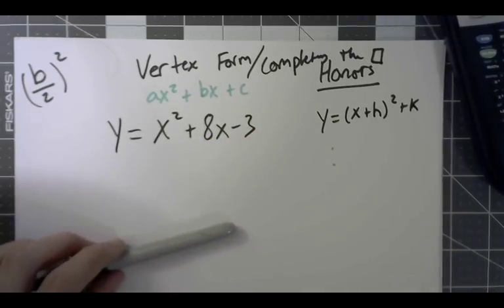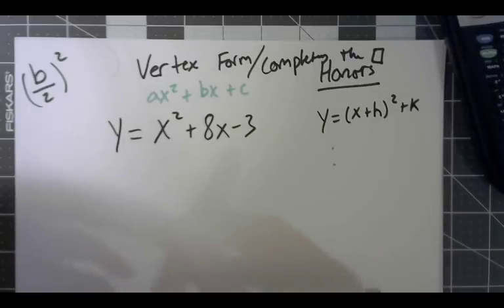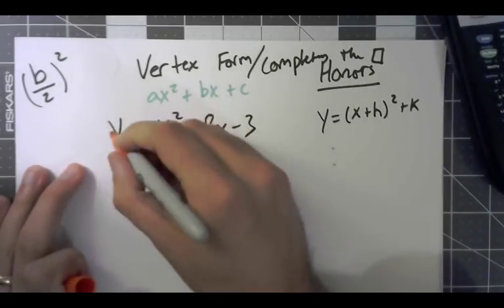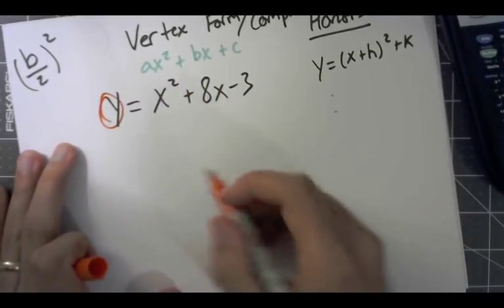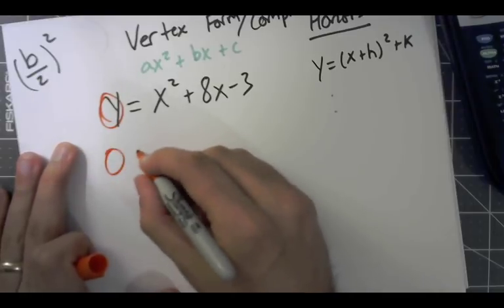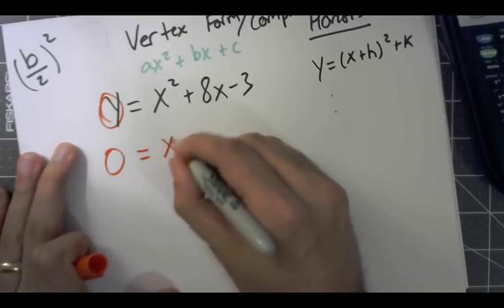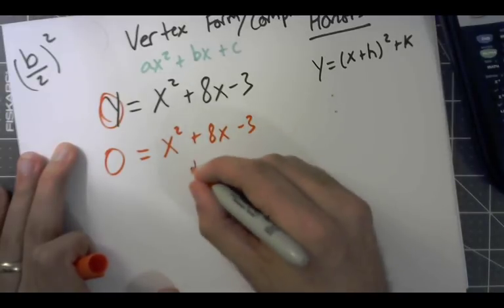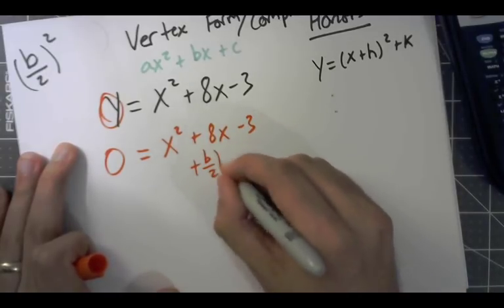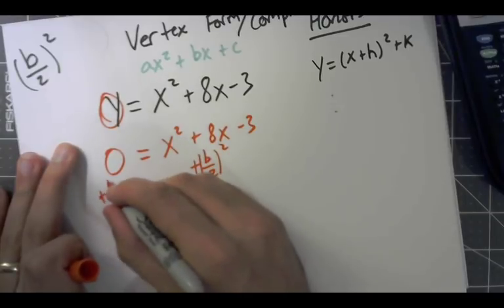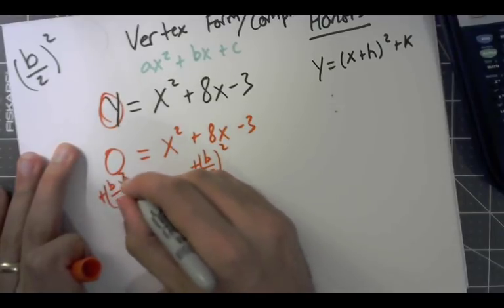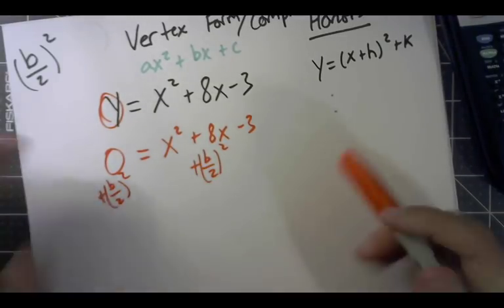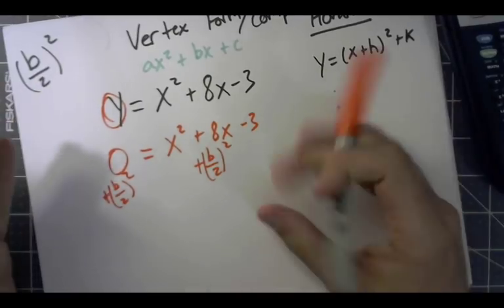So what I'm going to do here is, let's make this 0. So let's say I have 0 equals x squared plus 8x minus 3. I'm going to add half of b squared to both sides. Why? Because it's going to make factoring very easy.